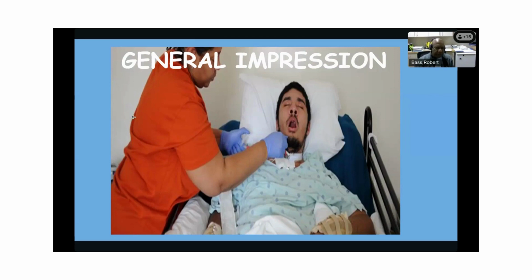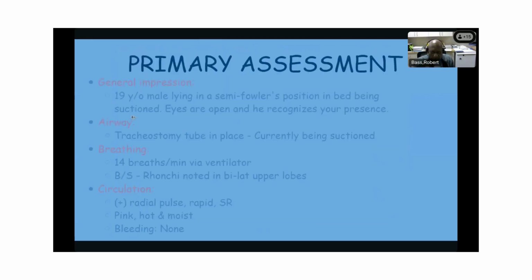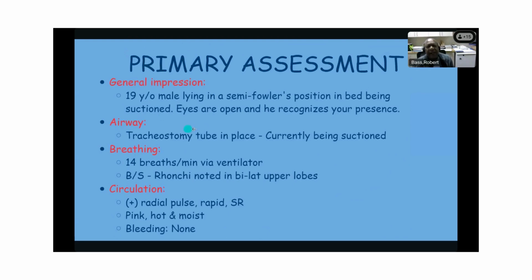So, your general impression. You move into your primary assessment. Once again, a 19-year-old lying in a semi-Fowler's position in bed. He's being suctioned by his mother. His eyes are open and he recognizes your presence. Airway patent. He currently has a tracheostomy tube in place and he's being suctioned. A ventilator is in place and it's ventilating the patient at 14 breaths per minute.